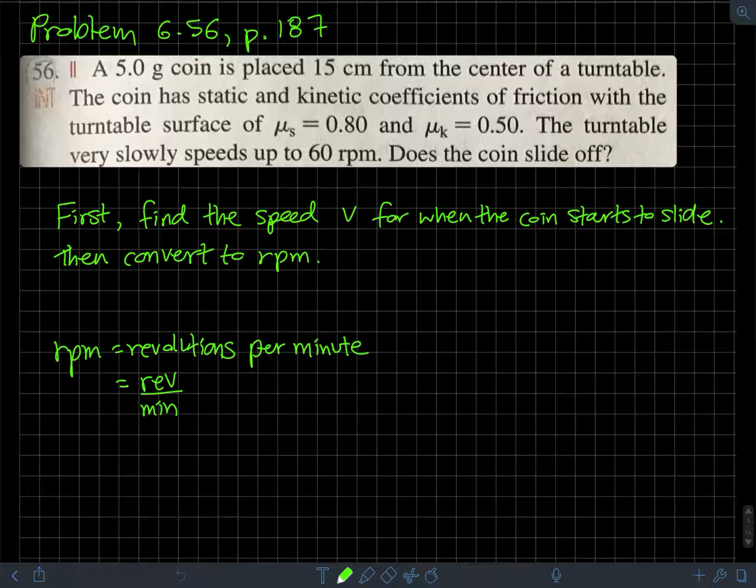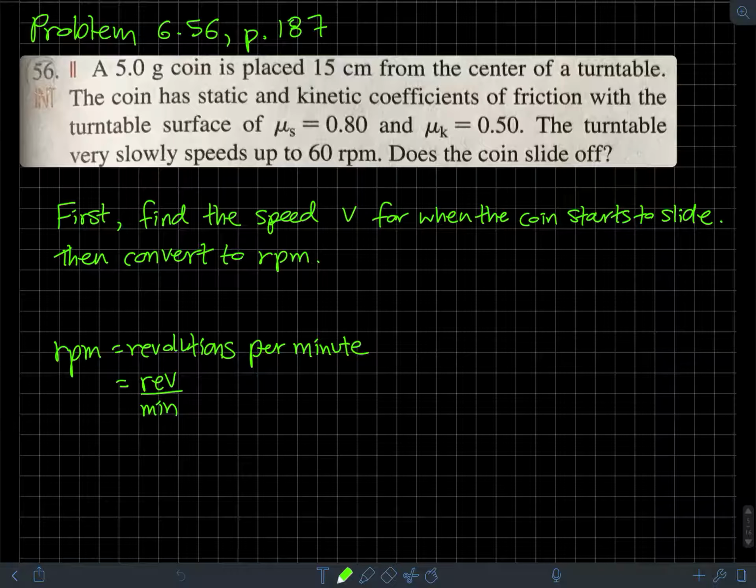So when static friction has been exceeded and static friction can no longer provide enough of the centripetal force needed to keep the curved path, then the coin is going to start slipping. So let's determine what that speed is, and then we'll convert that speed to RPM.